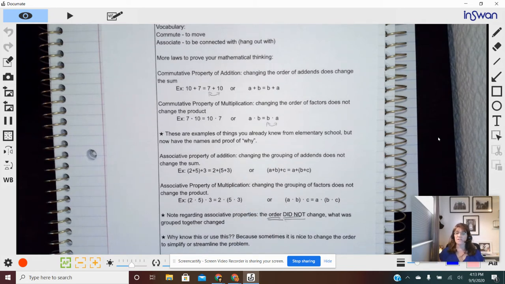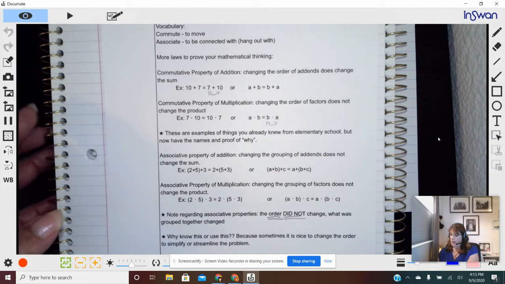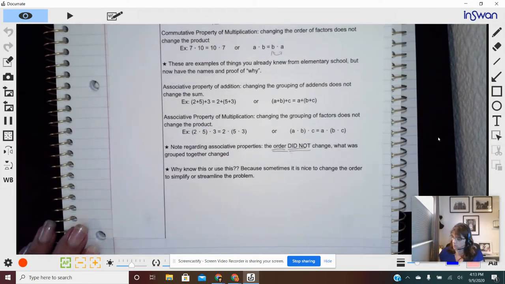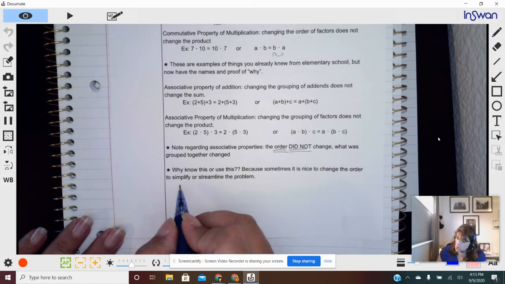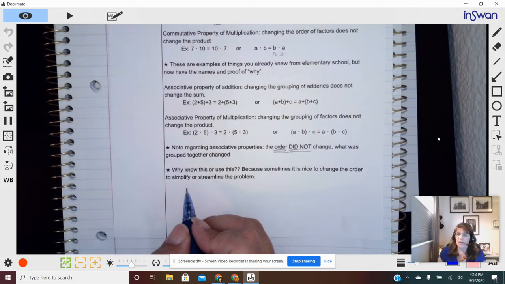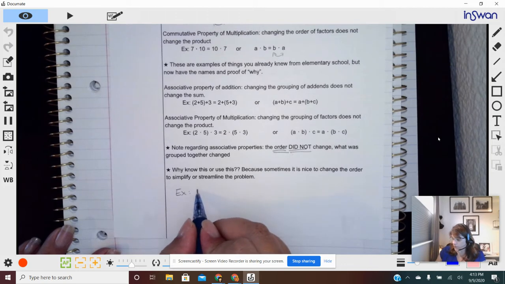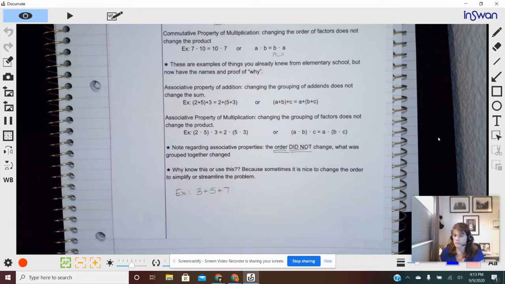Now, many of us did these doing mental math anyway. You did this before you knew it had a law behind it. So let's look at some examples of maybe when I might do that. Commutative property. I just want to change the order of how I do it. So I have 3 plus 5 plus 7.